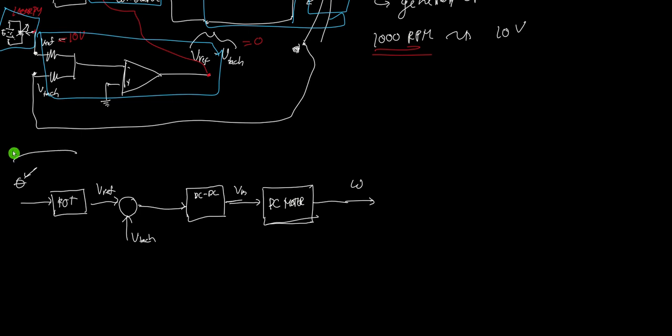If you remember the scale, this is 1,000 RPM, 2,000 RPM, and so on. So there's a different angle for a different speed. If it's 1,000 RPM, this is the angle theta. If it's 2,000, then this will be the angle theta, and so on.